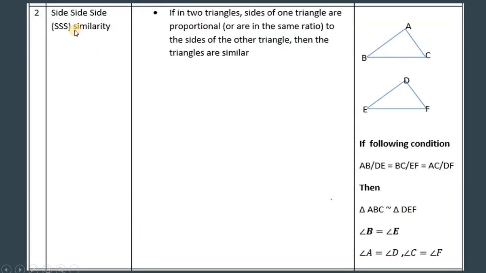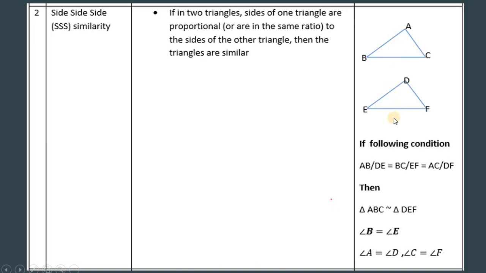The next is the side criterion. The side criterion of similarity says that if in two triangles the sides of one triangle are proportional, or in the same ratio, to the sides of another triangle, then the triangles are similar. To understand this better, we again have two triangles, ABC and DEF. If the ratio of the corresponding sides of these two triangles is in the same proportion, then you can say that these triangles are similar.